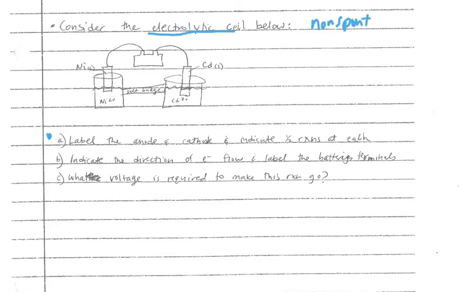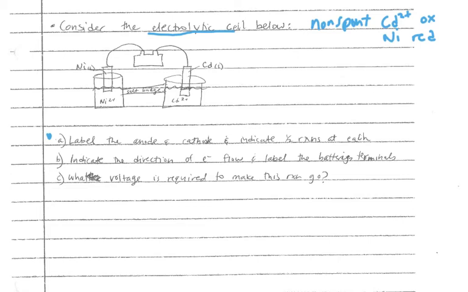For the spontaneous situation, if I look at the table, I'm looking for nickel 2+ and cadmium 2+, and they're right next to each other. Nickel is higher than cadmium. So the spontaneous direction would be for nickel to be reduced and cadmium to be oxidized. But the non-spontaneous reaction is reversed, where the cadmium will be oxidized and the nickel will be reduced.